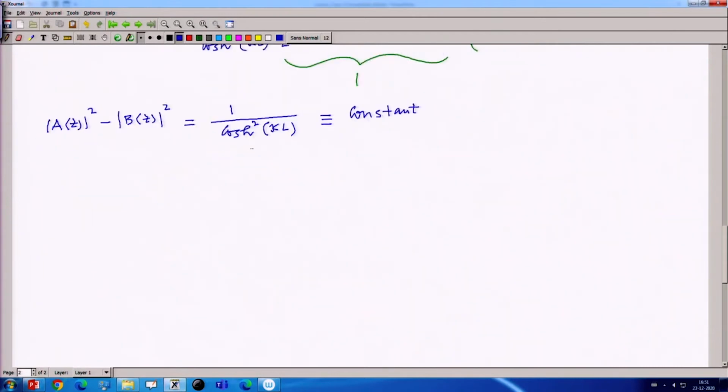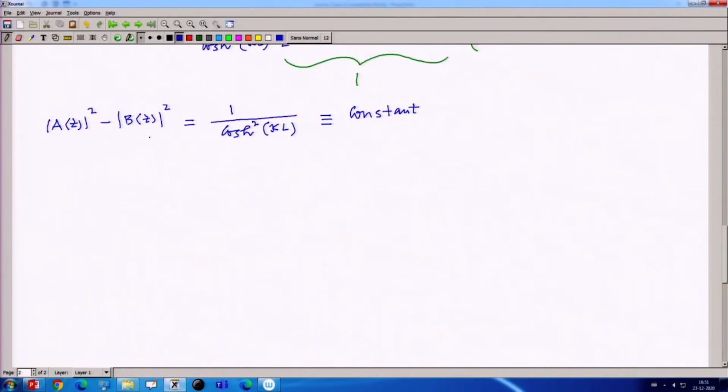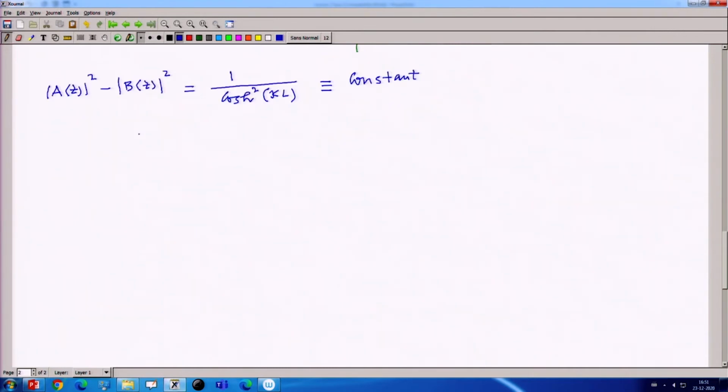So, that means the difference between mod of A(z) squared and mod of B(z) squared is constant. It is essentially the equation, which equation am I talking about, this one.